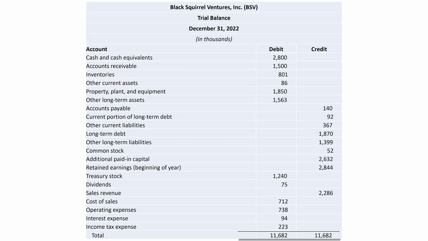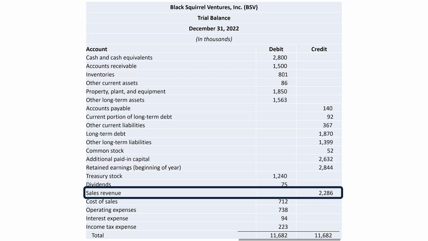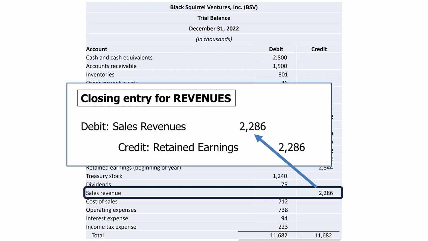So now we're going to look at the closing entry for revenues. We see the sales revenue there, and the closing entry will debit sales revenue for that amount that we got off the trial balance, and it'll credit retained earnings.